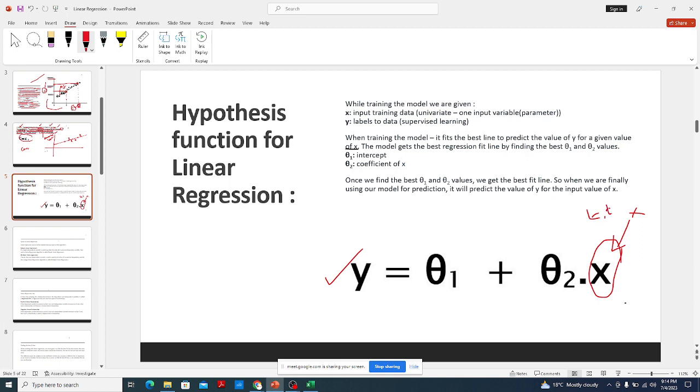For example, for a classification example in supervised machine learning, let's say you have 1,000 pictures of cats and dogs.